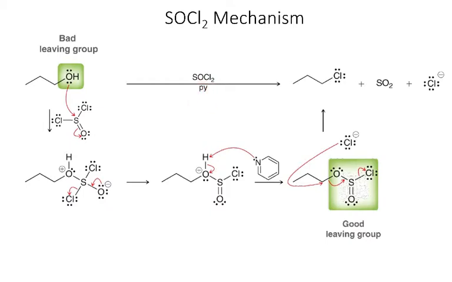The pyridine then acts as a base to have this proton transfer reaction. And so now we have a good leaving group. And so we can have an SN2 reaction along with the loss of really two leaving groups.